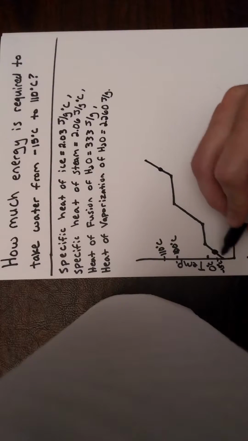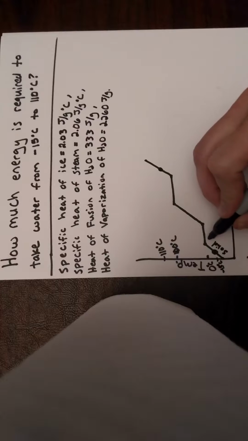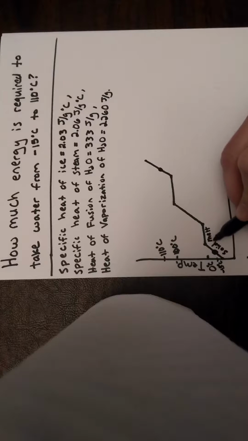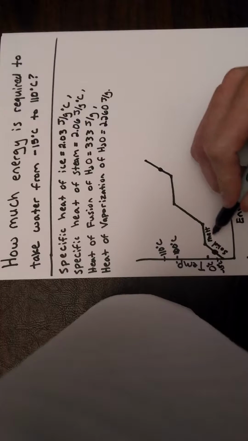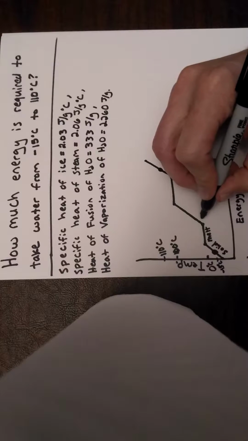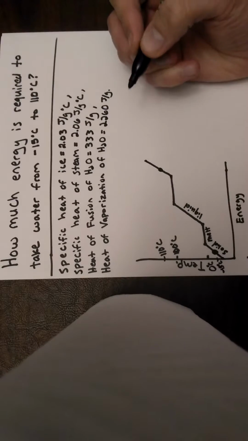So on the coldest part, the lowest temperature, we have the solid form. Then this part's when it's going to melt. Energy is going in, but the temperature is not going up. It's flat. Then once it's all melted, that solid has melted into a liquid.